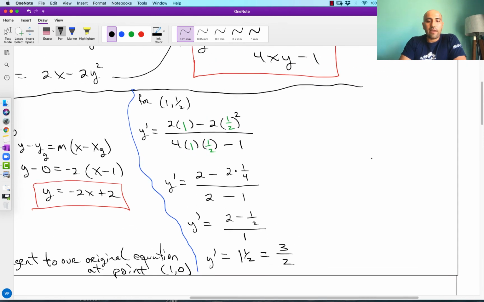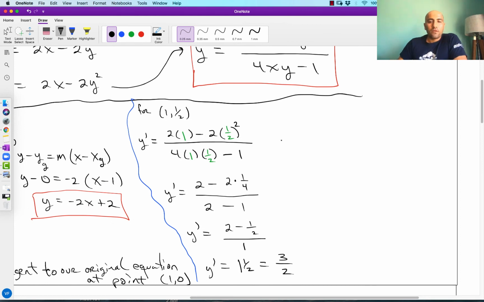So now let's find the equation of the line. We're going to go back to using y minus y sub given equals m times x minus x sub given, except now in this case we're going to use 3 over 2 for the slope. So y minus 1/2 equals 3 over 2 times x minus 1. Good.